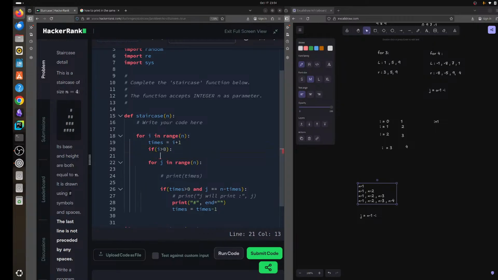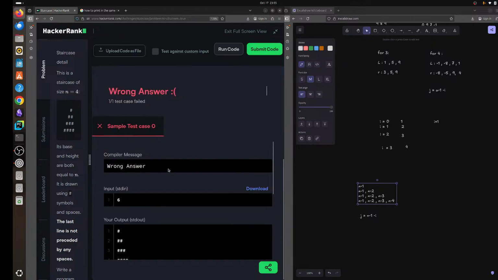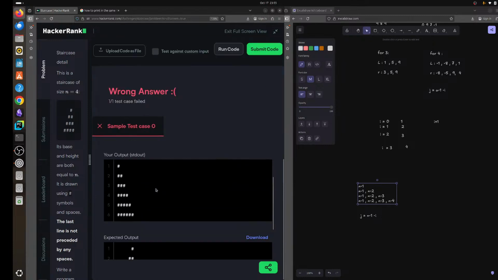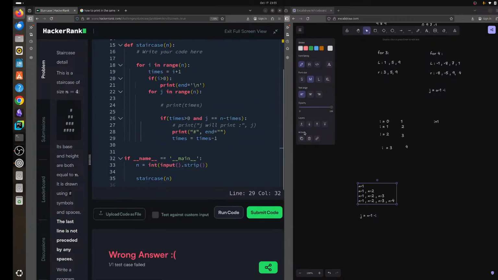Zero. So basically, next I want to run code just to see. Let's put else, print.